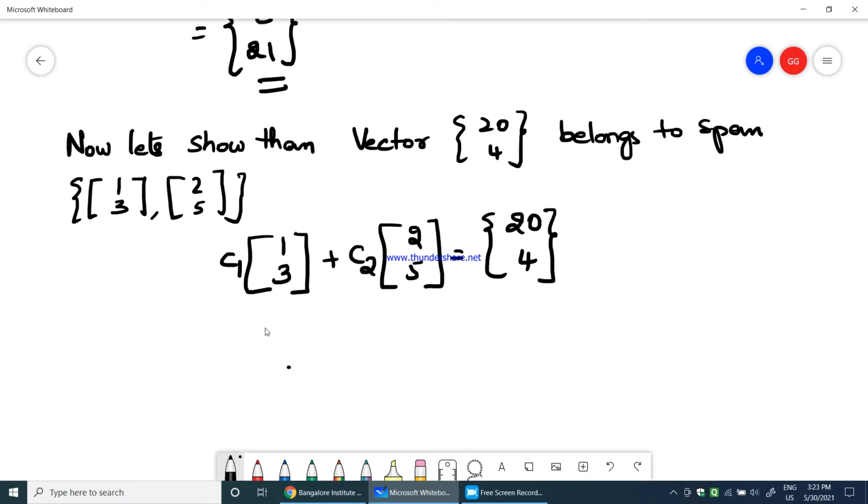Writing the equations, we get c1 plus 2 times c2 equals 20, whereas 3 times c1 plus 5 times c2 equals 4.